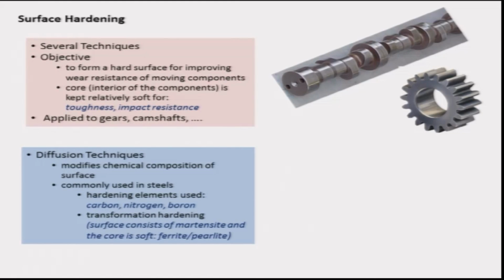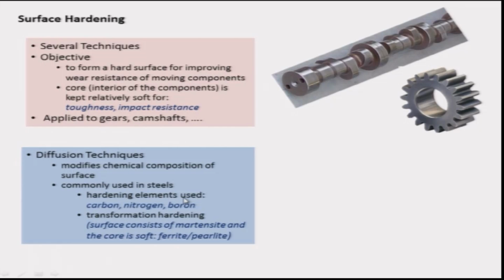In fact, one of the first hardening techniques was this only for steels. So, what you do is, through diffusion you introduce some hardening elements like carbon, nitrogen and boron in the surface layer. So, what you have done is you have changed the chemistry of the surface layer, while at the same time keeping the core at the same composition.